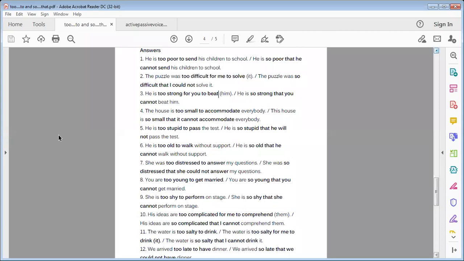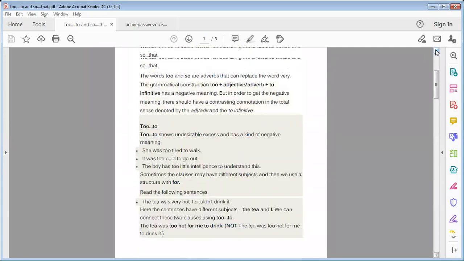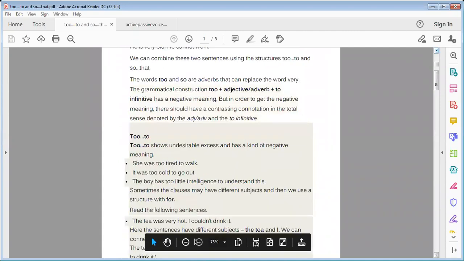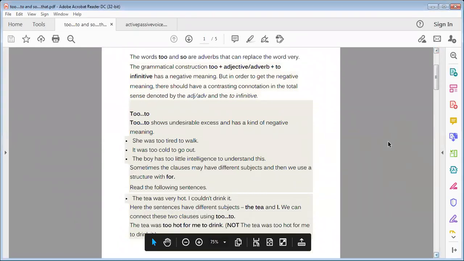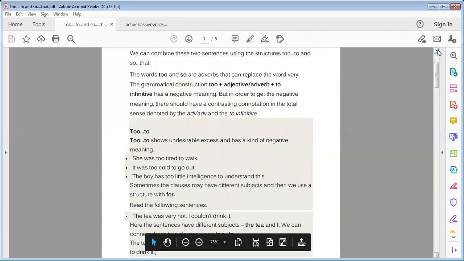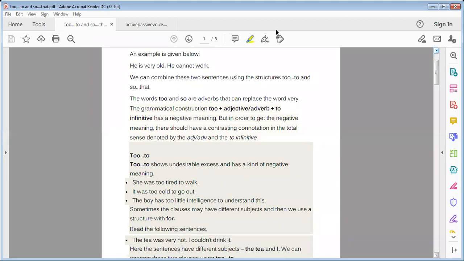We are using for when we have two separate subjects. I showed you the example here. See, in the first example, he is very old and he cannot walk.